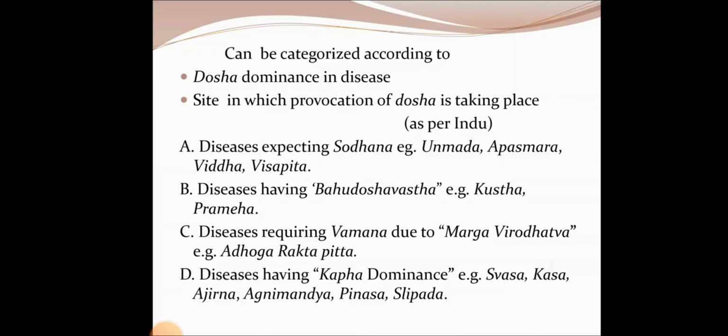You know that in Adhoga Raktapitta, you will learn in this Kaya Chikitsa, the treatment is vamana. Then diseases having kapha dominance, that is Shwasa, Kasa, Ajirna, Agni Madhya, Peenasa, Sleepada. They are all kapha predominant diseases, and vamana is the main treatment.